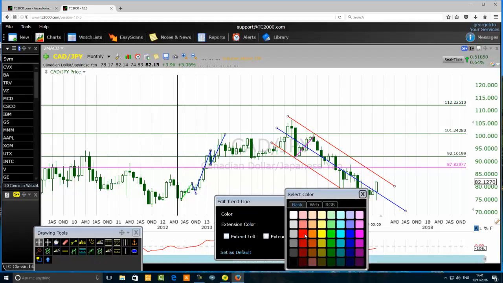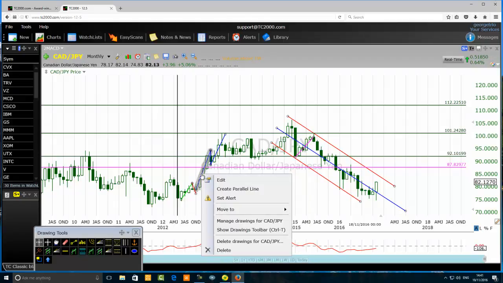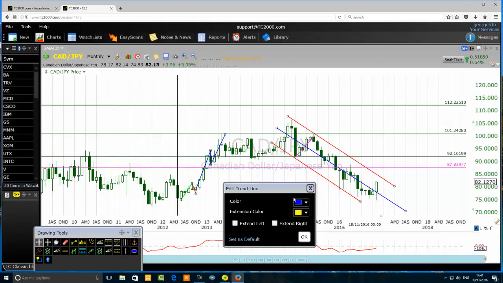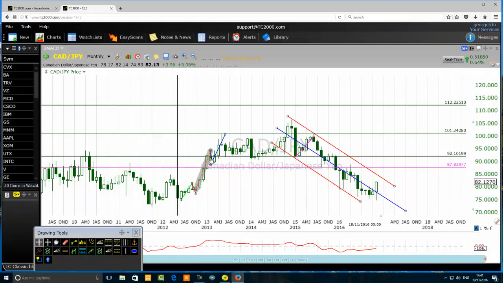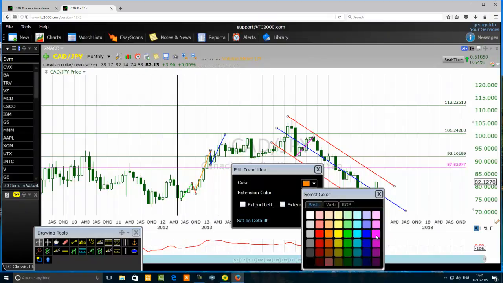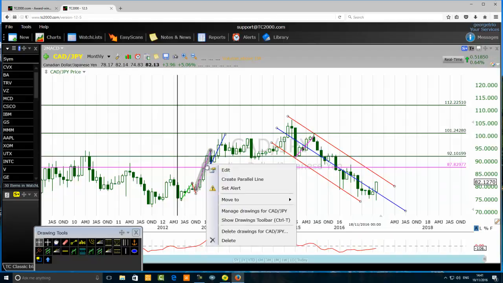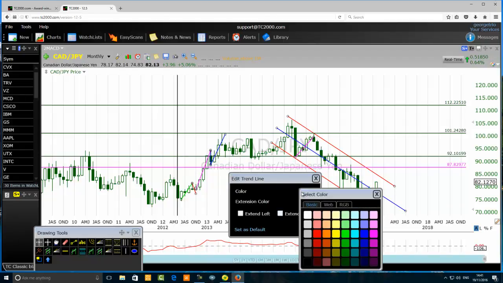The second Elliott wave, I'll color it red, and the third Elliott wave orange, and the fourth wave pink right here. Oops, no, hold on please traders.